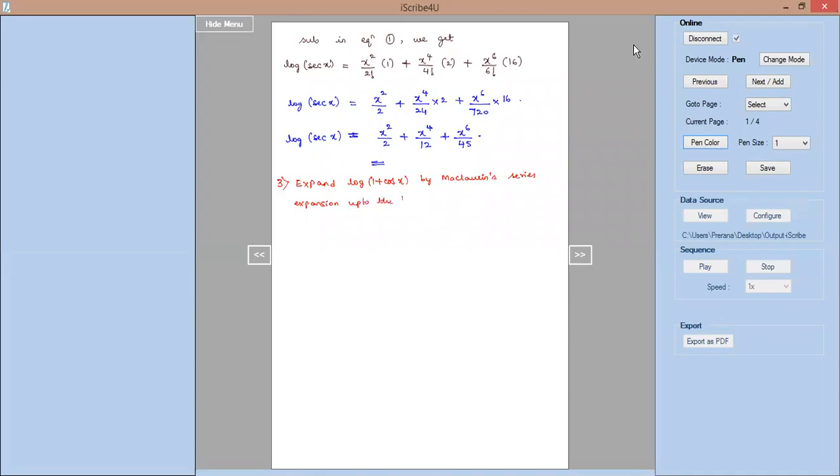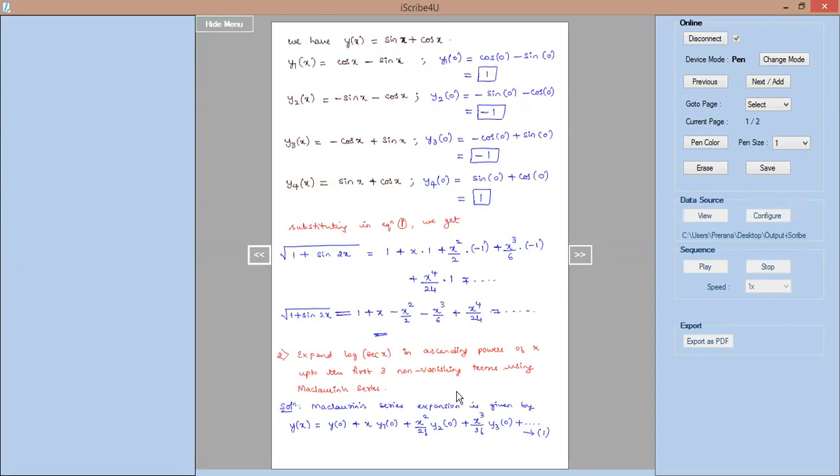Up to the term containing x power 4. So we need to obtain the expansion of log of 1 plus cos x using Maclaurin series up to the term containing x power 4. In the previous problem also they can ask up to the term containing x power 6.